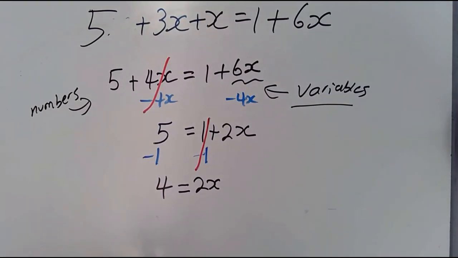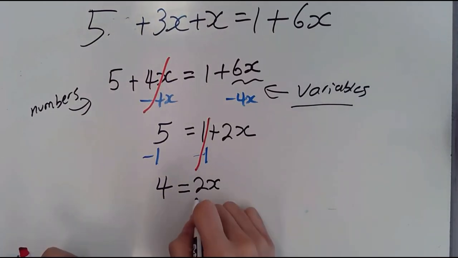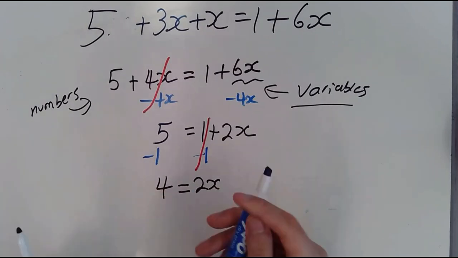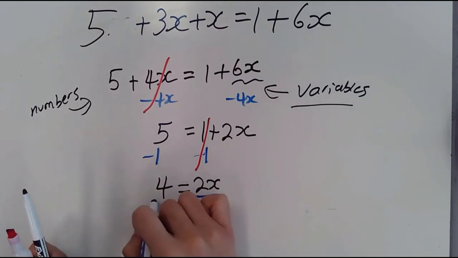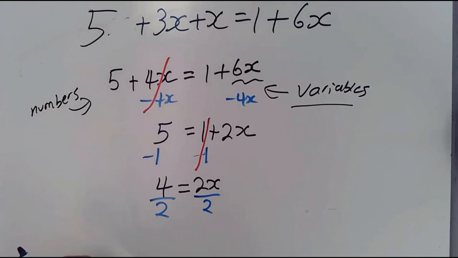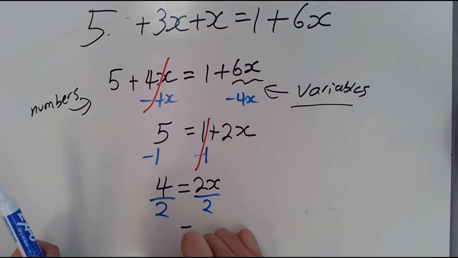Then I have 2x, which means 2 times x, is equal to 4. Then I just have to divide both sides by 2. Then I arrive at x is equal to 2.